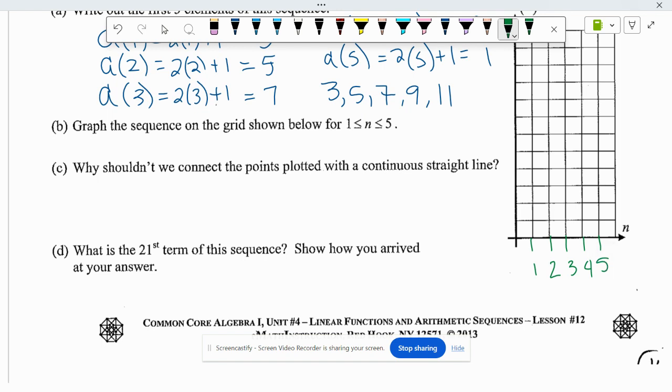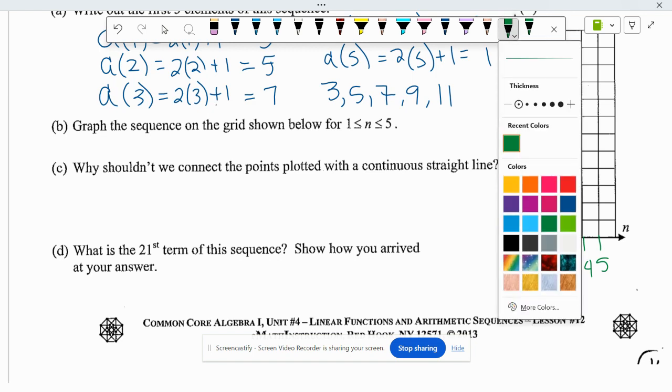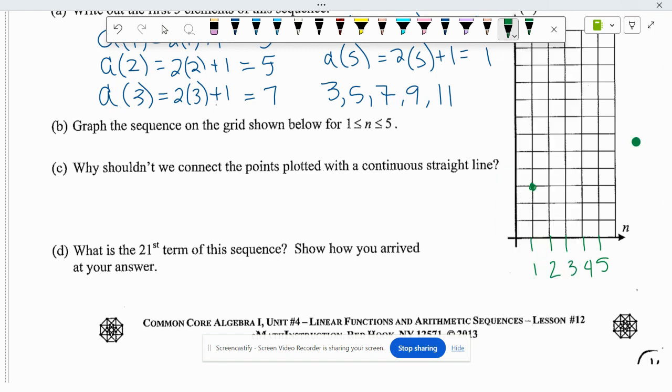When x is 1, y is 3. When x is 2, y is 5. When x is 3, y is 7. When x is 4, y is 9. And when x is 5, y is 11.